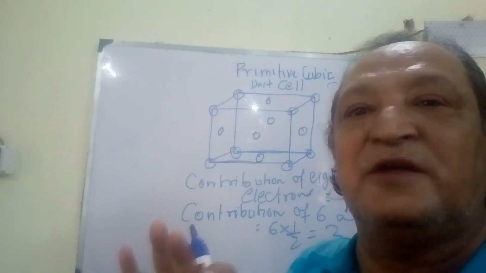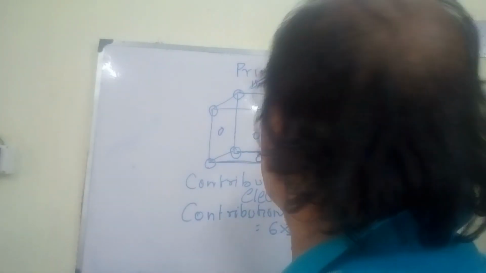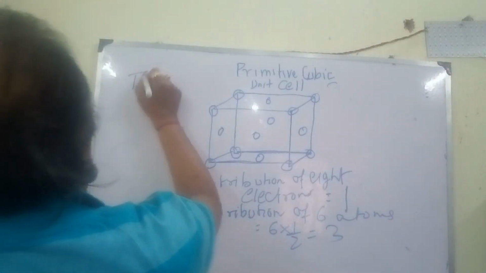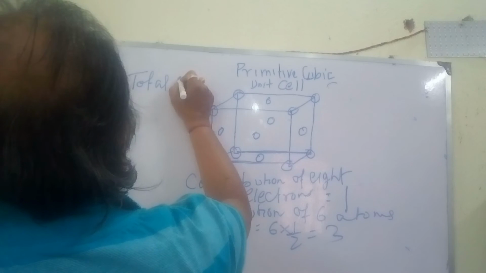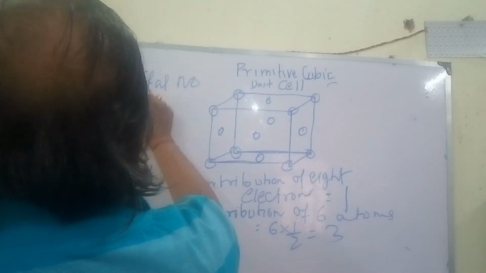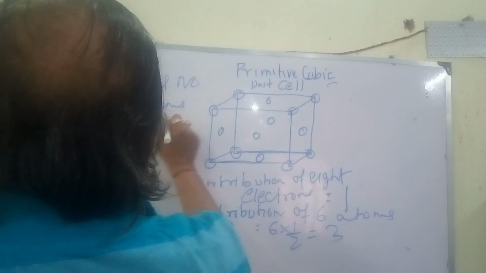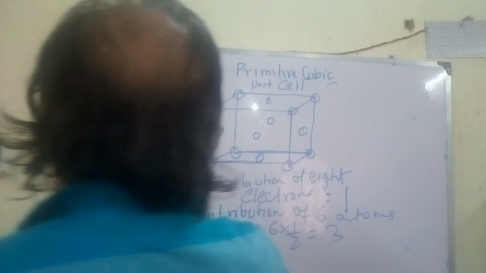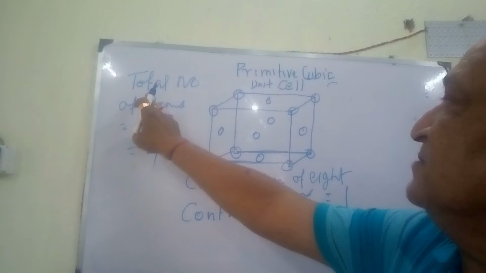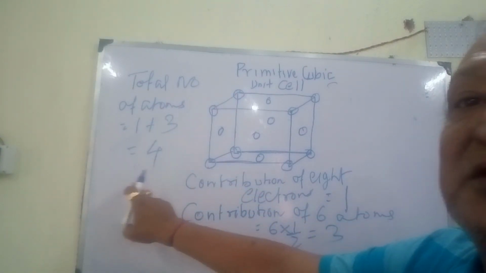So total number of atoms, 1 plus 3 is equal to 4.